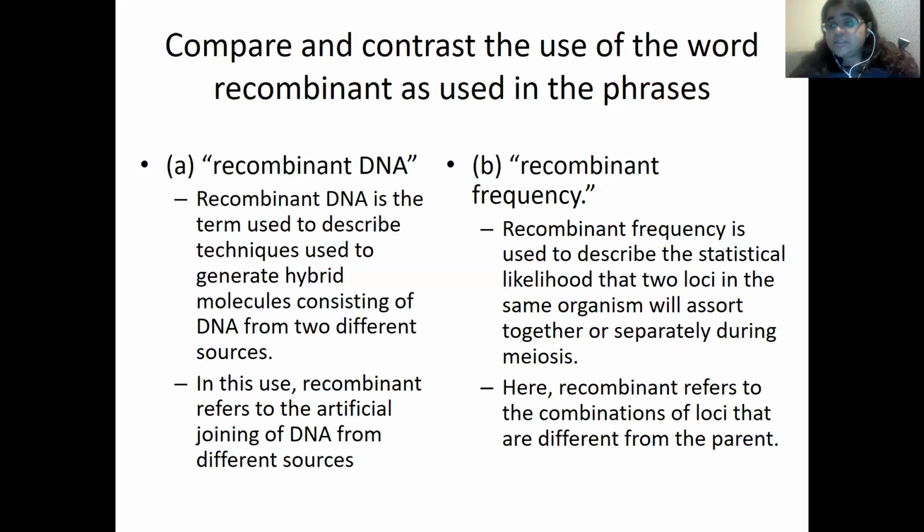The recombinant word here refers to the combinations of loci that are different from the parent itself. So recombinant frequency is the word that we've been using to see what is the likelihood of two loci assorting together or separately depending on what's happening. Right? Like linkage and all that good stuff. So that's recombinant frequency. Recombinant DNA is the techniques that we're going to talk about.